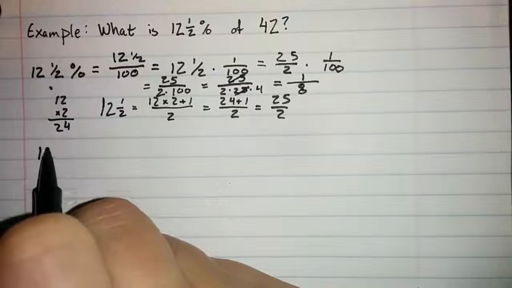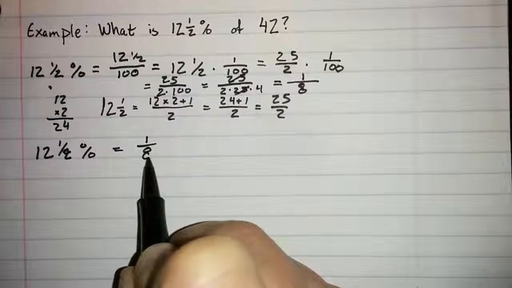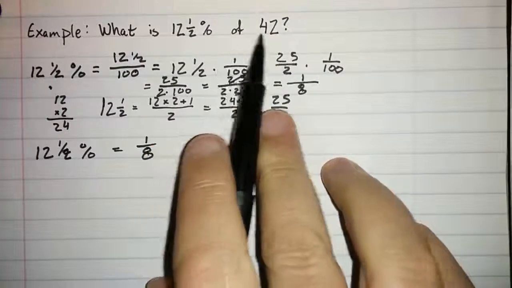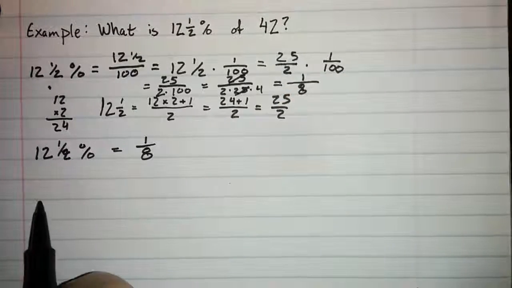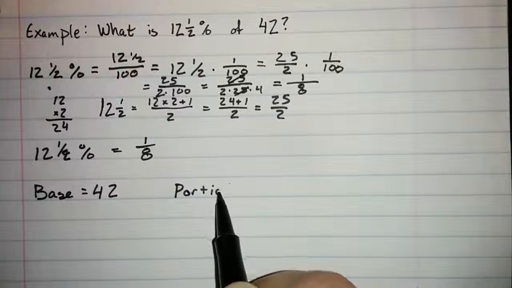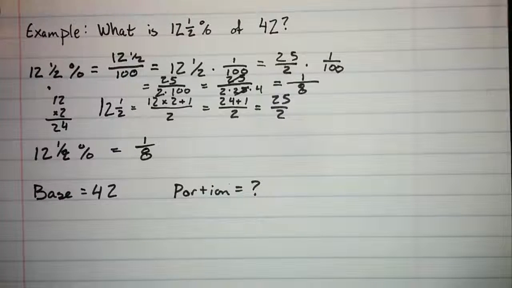So I've discovered that 12.5% is 1/8. Now 42, it's percent of 42, so 42 is the base. And the portion is what we want to know.